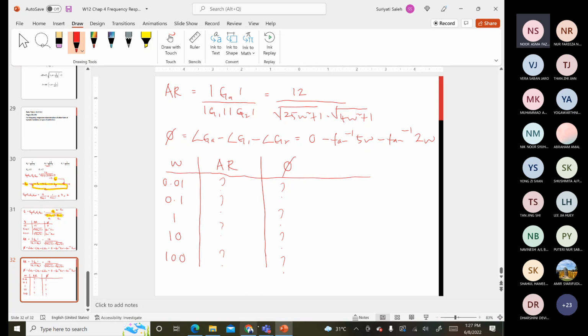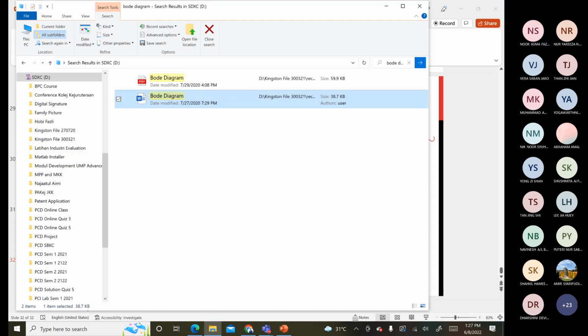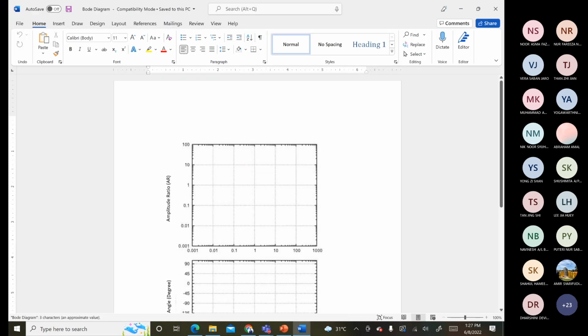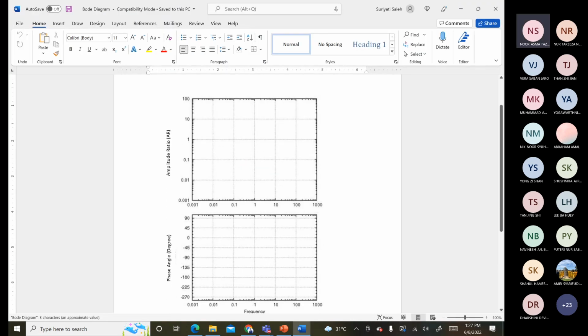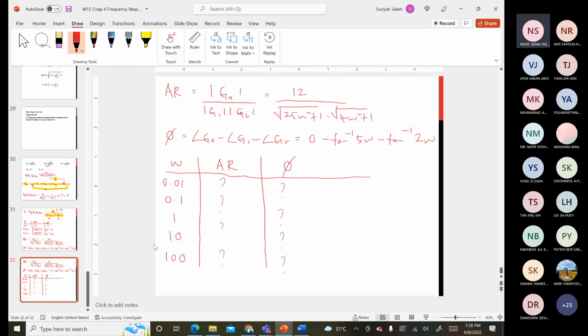The next step, you need to include it in the plotting. You need to do the plotting for the amplitude ratio and the phase angle based on the given values from 0.01 to 100. So this is your task for today's class, and how to interpret the Bode diagram will be discussed next Monday.